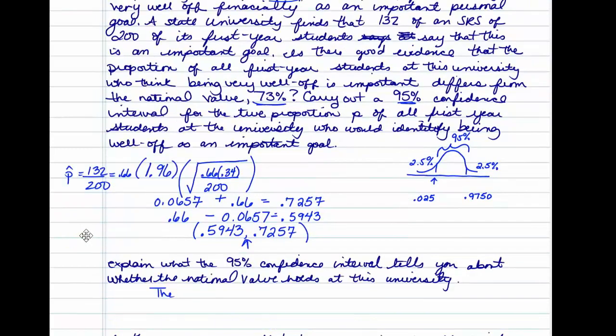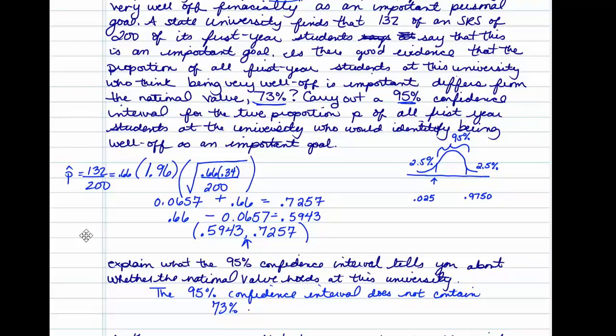The 95% confidence interval does not contain 73% of first-year college students responding to the national survey as being very well off financially as an important personal goal.